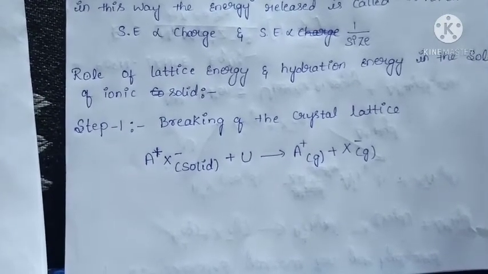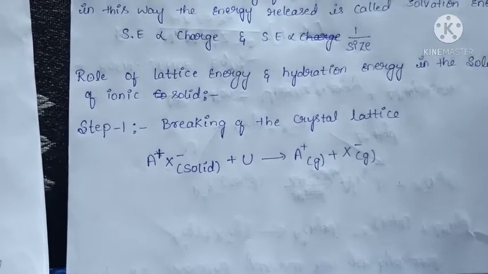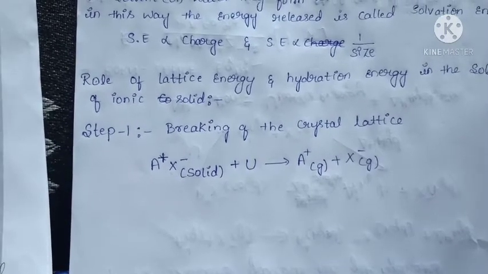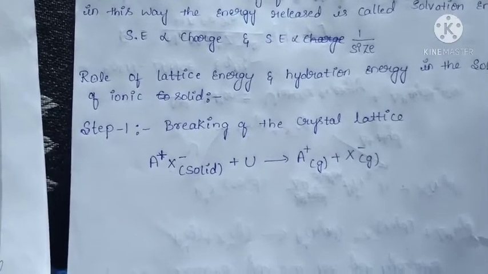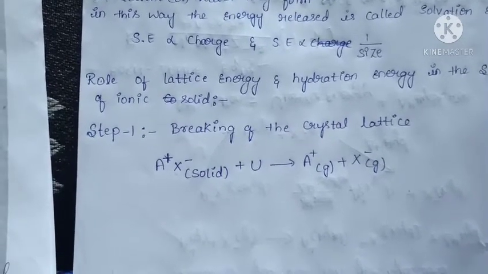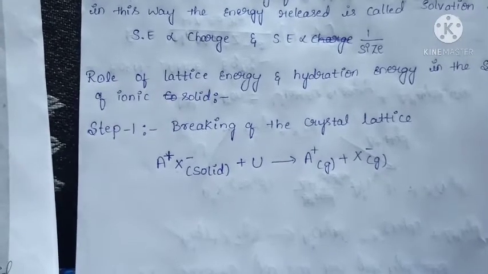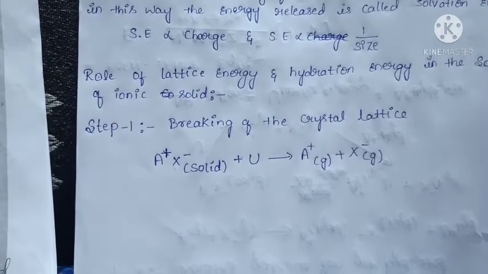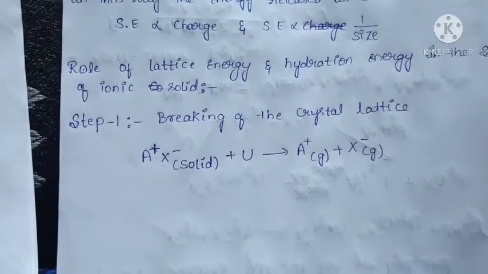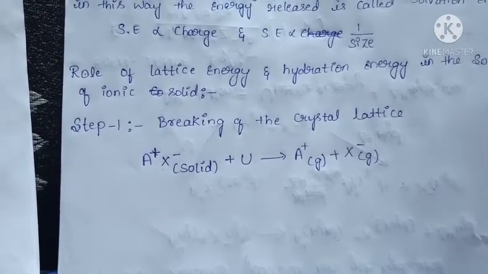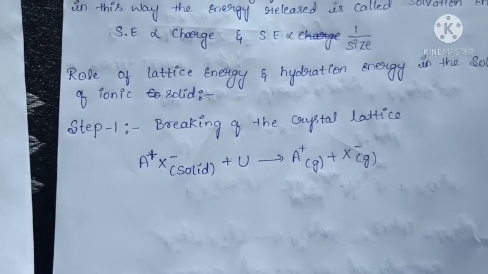When the sodium chloride dissociates into sodium ion and chloride ion, the energy is absorbed. Got it? That is called lattice energy. The absorbed energy is called lattice energy, and it is converted to gaseous ions.